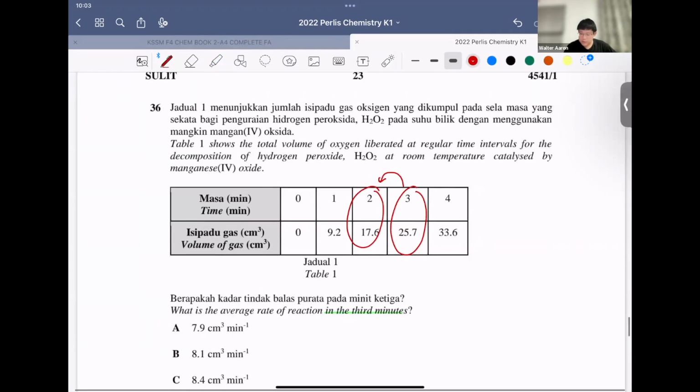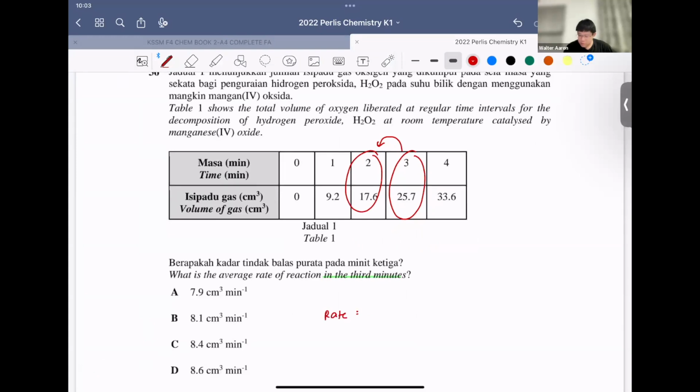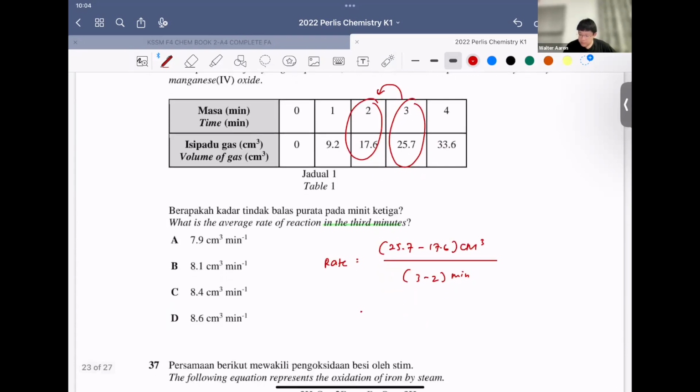So therefore, for number 36 over here, the rate is equivalent to 25.7 minus 17.6 cm cubed divided by 3 minus 2 minutes. Okay, so it's 3 minus 2 minutes. So we double check, let me see what it is. So it's 25.7 minus 17.6.